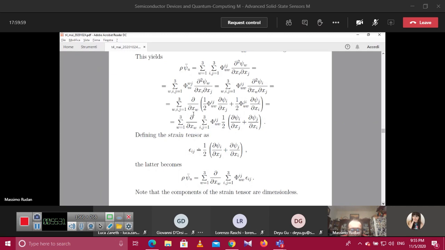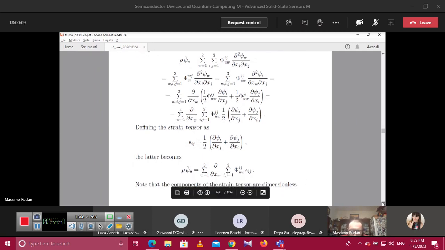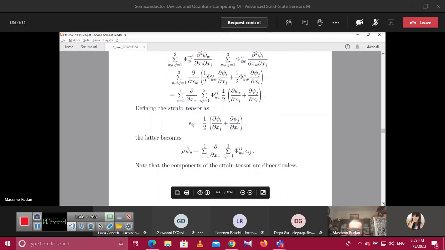Okay, so after rearranging the expression of the dynamics and introducing the strain tensor, we have that the acceleration times the density is equal to the sum over W of the derivatives of this other quantity here. Okay. Observe two things.